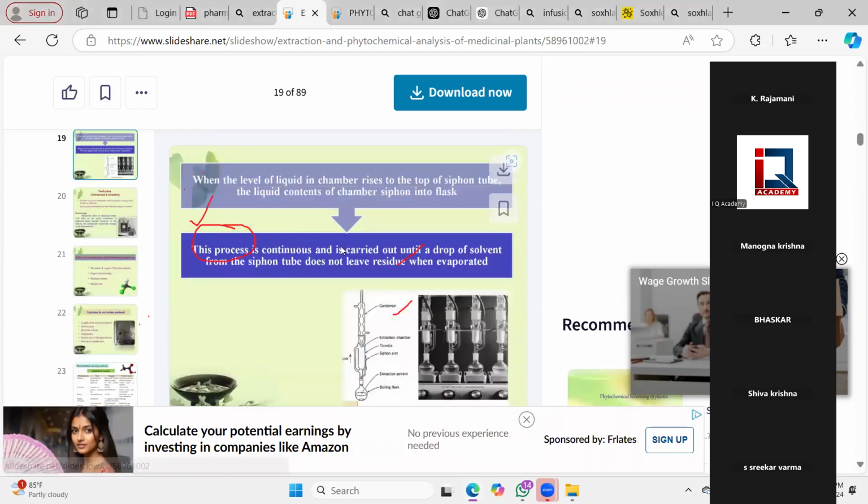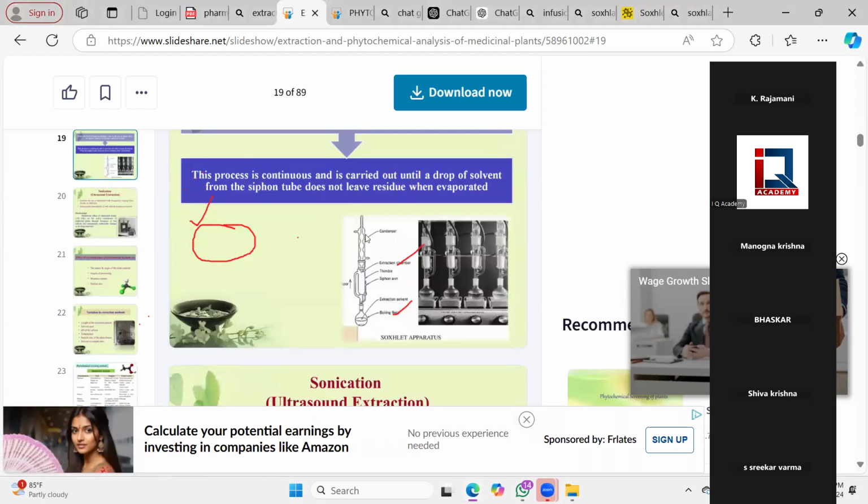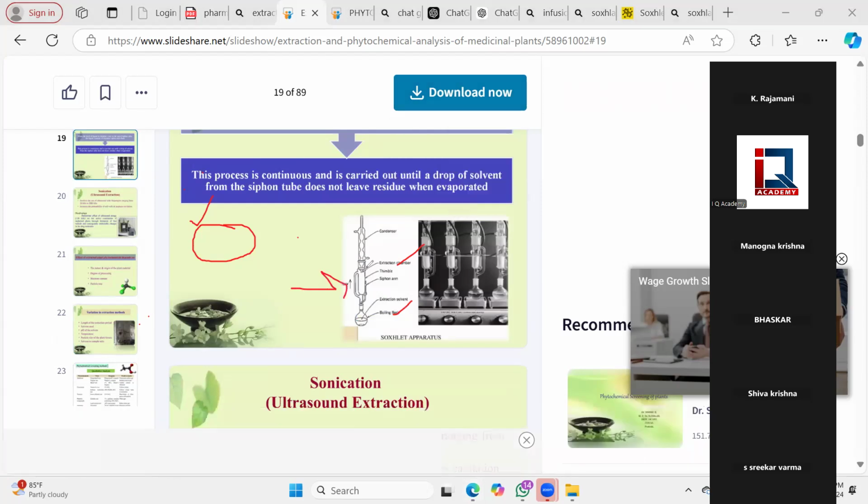So this is what a typical Soxhlet apparatus looks like. This is the Soxhlet apparatus, this is the condenser, this is the thimble, and this is the still where the solvent is being added.